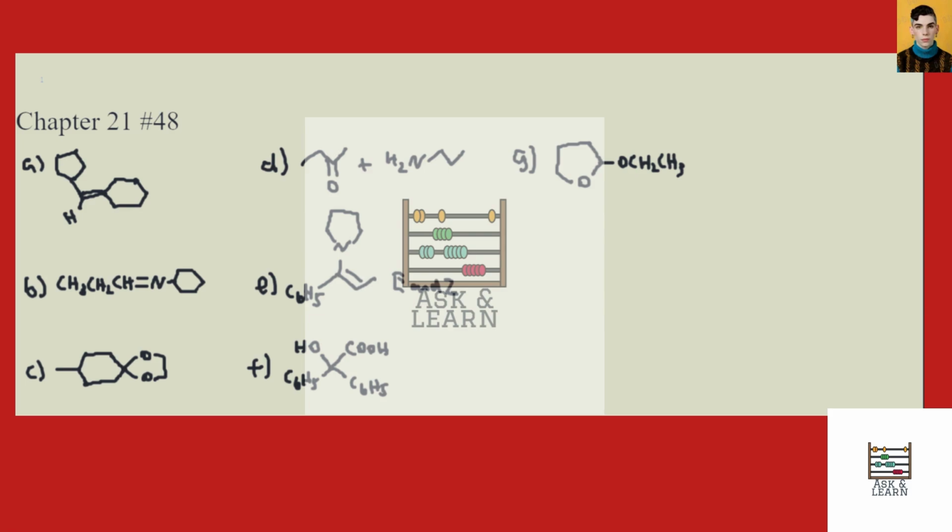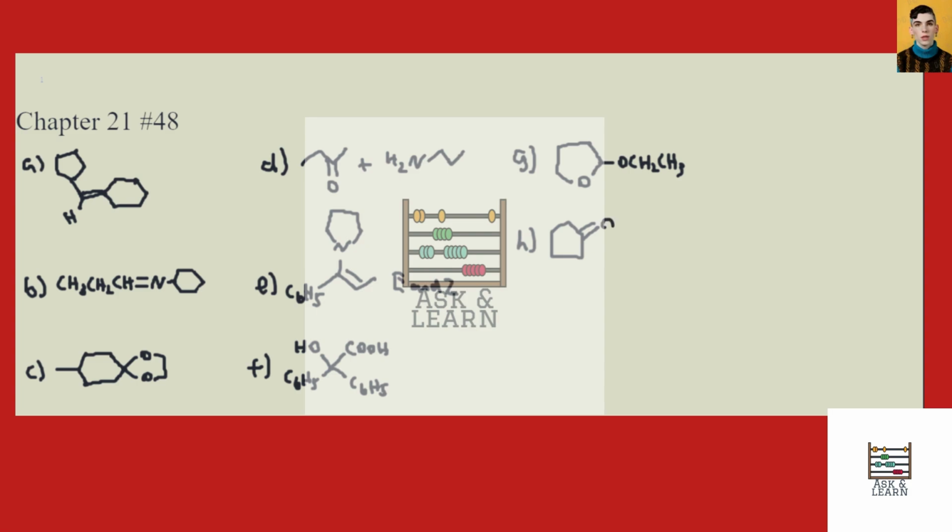So for H, we have an enamine hydrolysis. From an enamine hydrolysis, we're going to get back our ketone and a secondary amine. So there's the 5-membered ring.